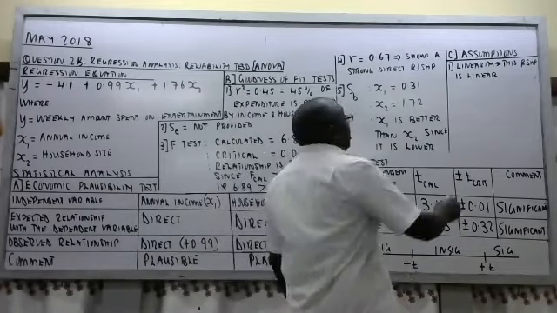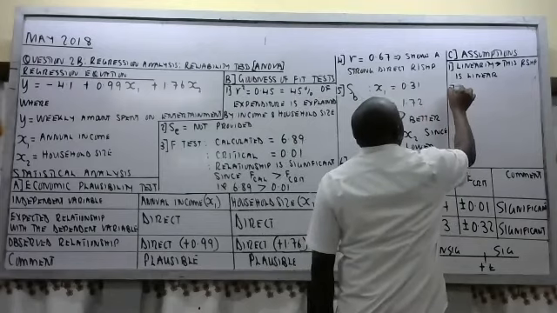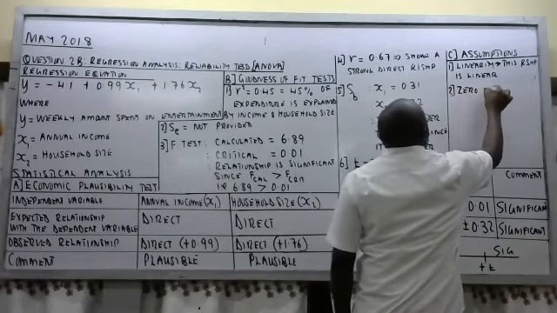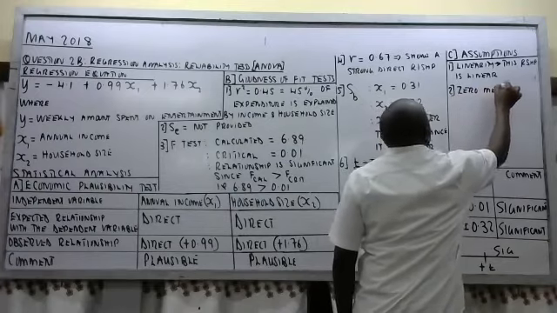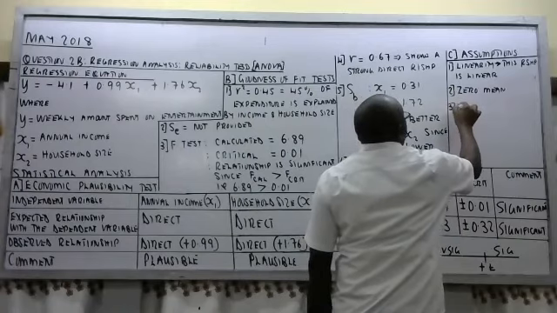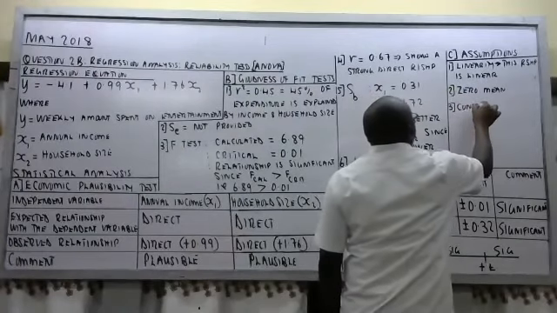Number 2 is called zero mean. Number 3 is called constant variance.